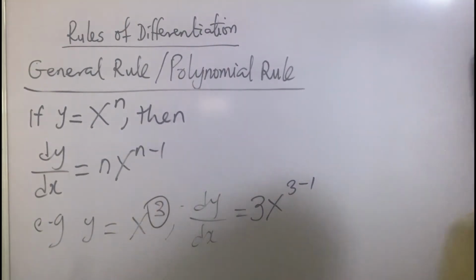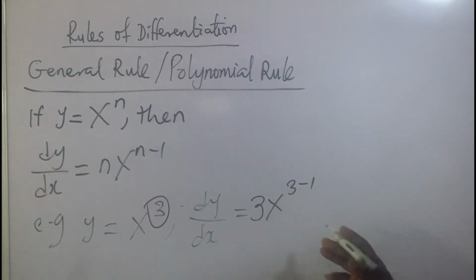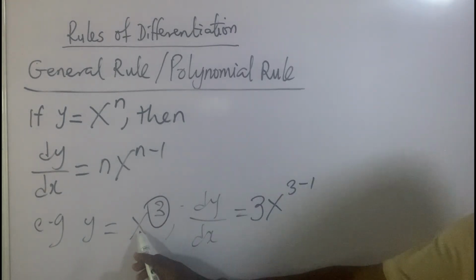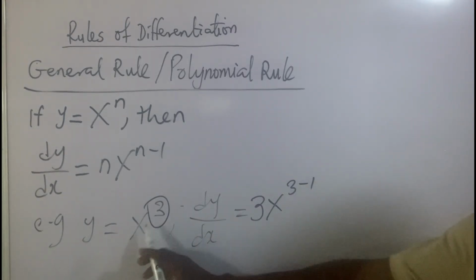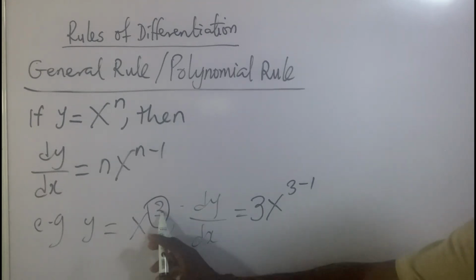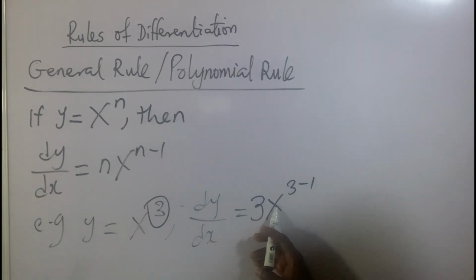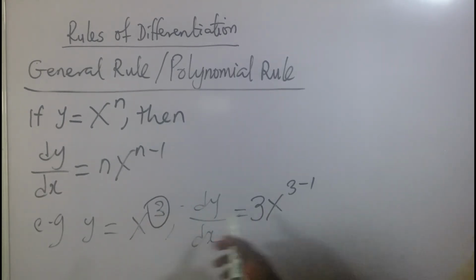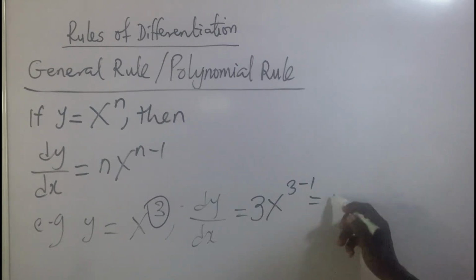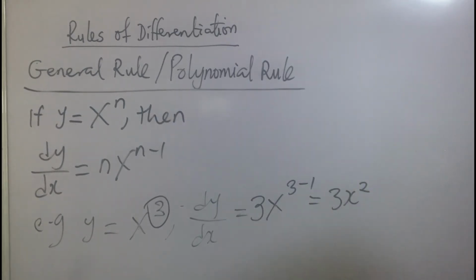You get it? So this is what the polynomial rule means. Anytime you have an index number, to differentiate it, you multiply by the original power, 3 times x will give us 3x, then subtract 1 from the original power, 3 minus 1, which eventually will give us 3x squared.